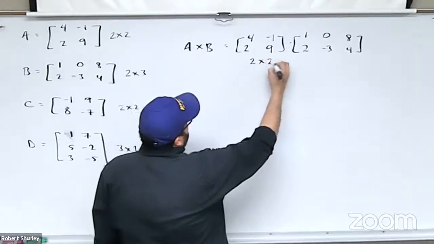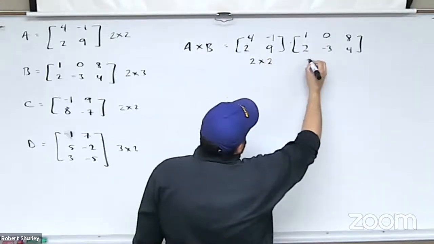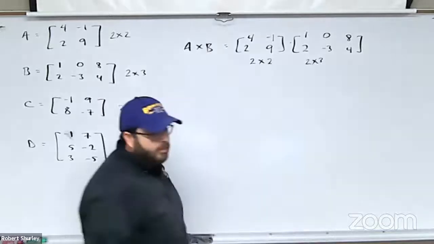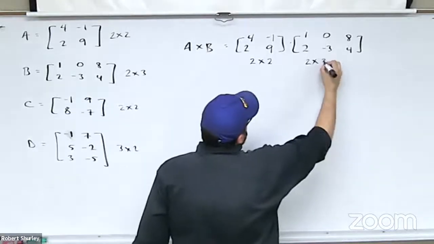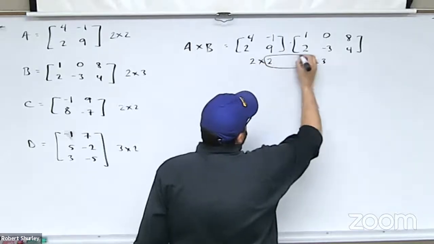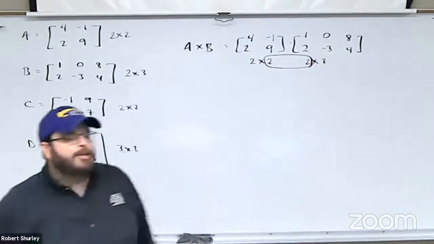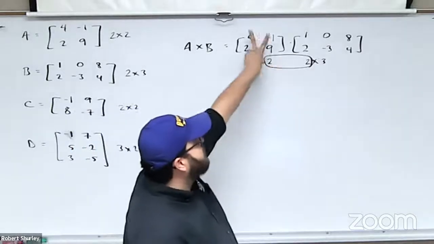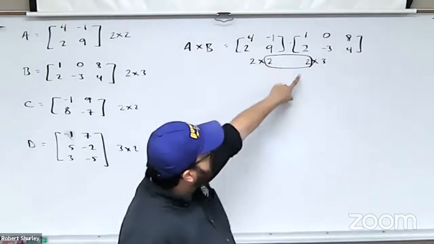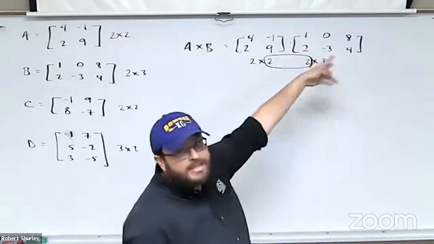So this is a 2 by 2, and this is a 2 by 3, right? Well, look, if these two numbers match, we can multiply the two matrices together, and they do, right? Remember, this number is the columns of the first, and this number is the rows of the second.